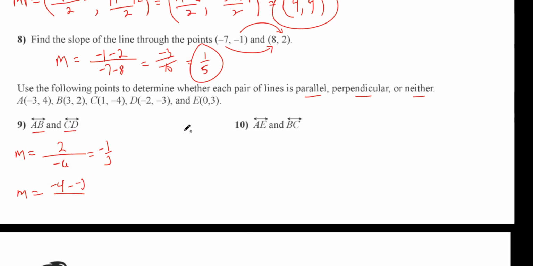And then the x's, again, CD. 1 minus negative 2. That's going to be plus. Negative 4 plus 3 is negative 1, and then that's going to be an add. 1 plus 2 is 3. Check them out. Negative 1/3, negative 1/3. What kind of lines are these? These are parallel.